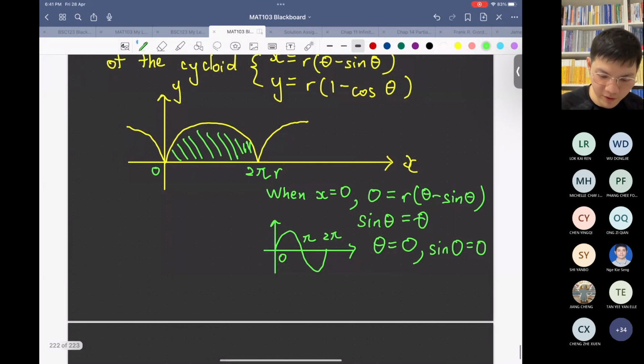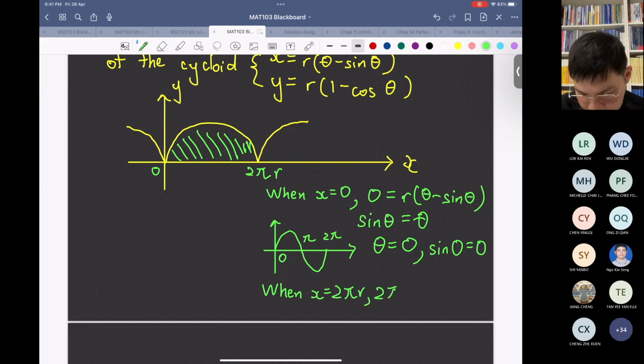So what's the other point? When x equals 2 pi r, what's the angle? Now you can see that this function gets shifted.